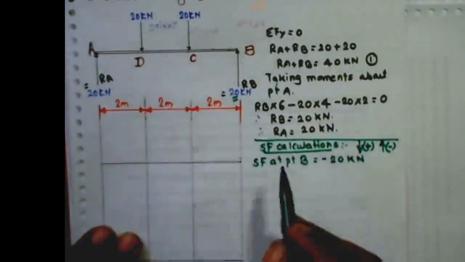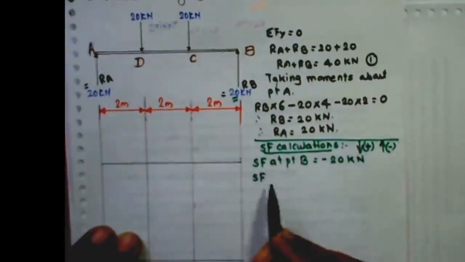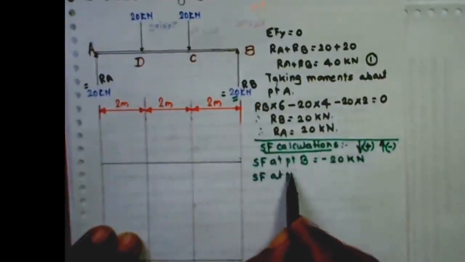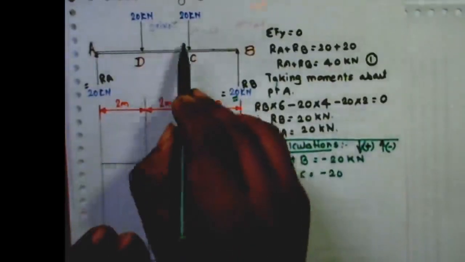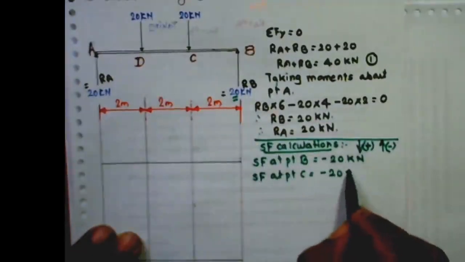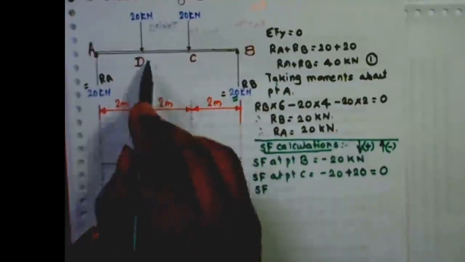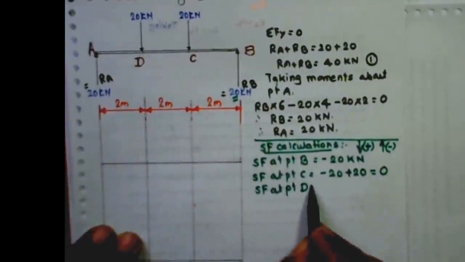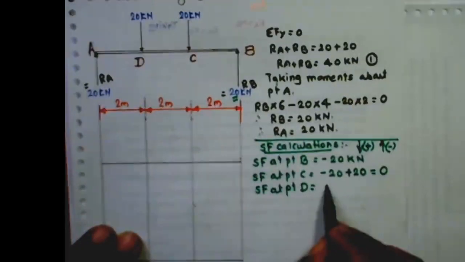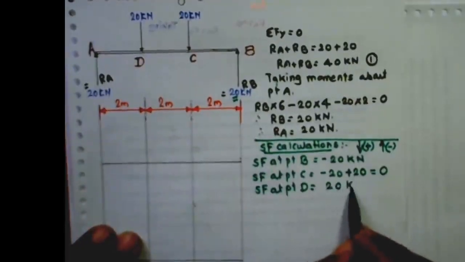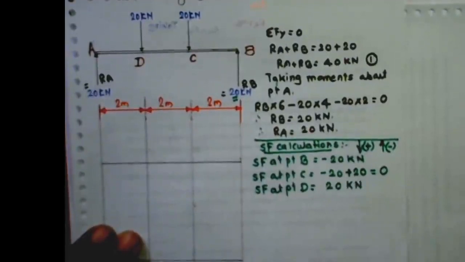Between points B and C there is no load, so we will go directly. Shear force at point C is equal to minus 20, which is already there, and at point C 20 kilonewton is acting in the downward direction, so the sign is positive, so it becomes 0. Between points C and D there is no load, so we go directly to point D. Shear force at point D, 20 kilonewton acting in the downward side, so the sign is positive, that is 20.